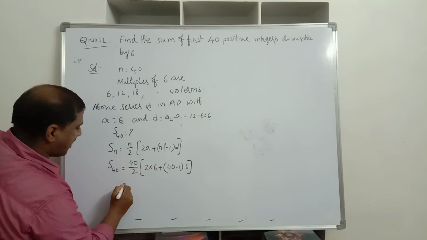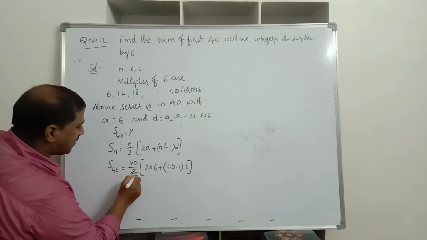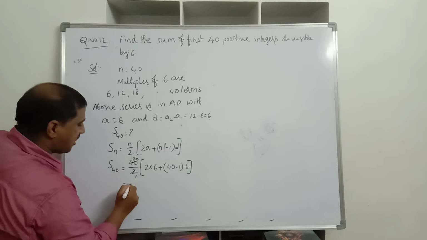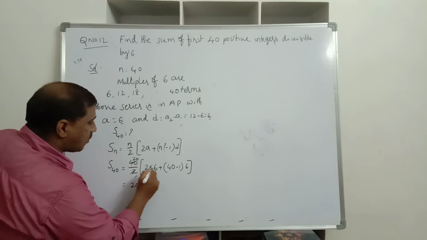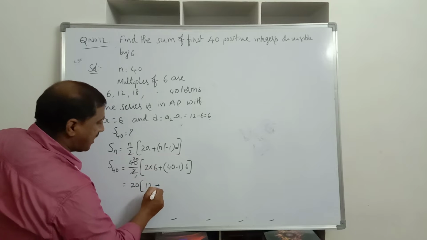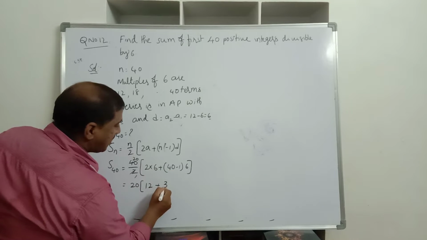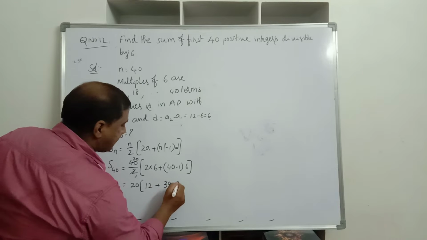Simplify this. 40 by 2 is 20. So that is equal to 20 into (2 into 6, which is 12, plus 39 into 6).